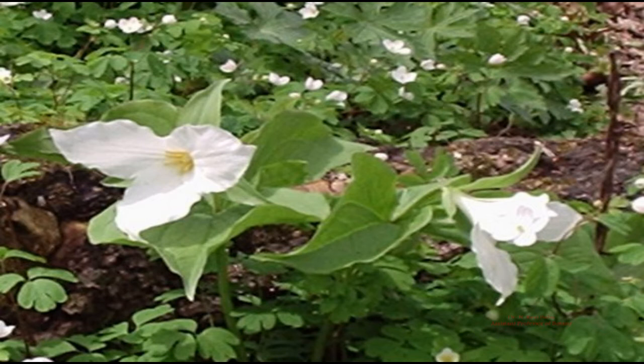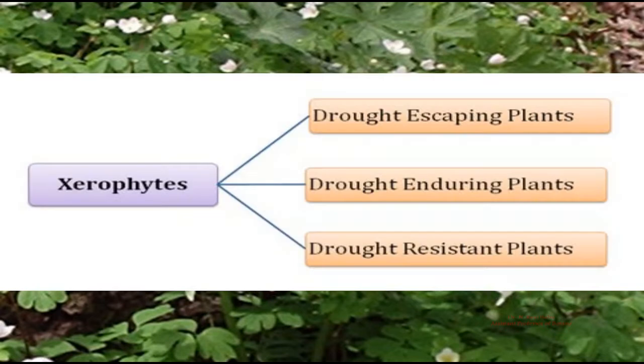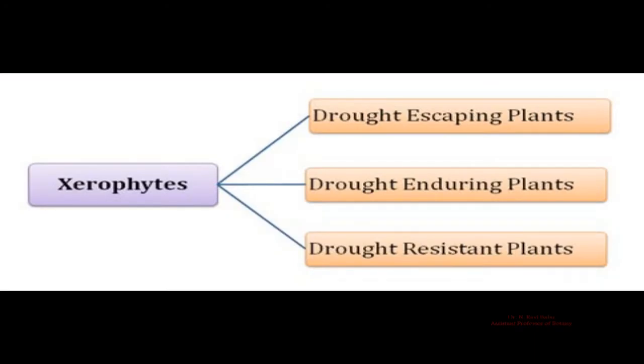Now let's move to the succulents. These are also called drought enduring plants. Succulents are also called drought enduring plants, and of course, these plants store water in their plant parts during the dry periods.